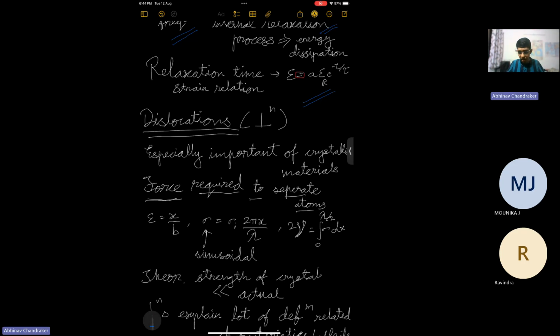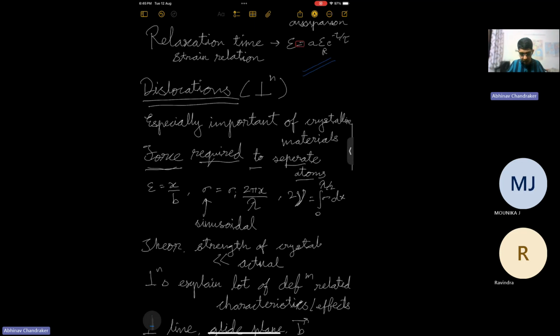Now we'll come to plastic deformation, and to understand plastic deformation, we'll have to know one of the key actors which plays a big role in plastic deformation, especially in crystalline materials, that is dislocations.